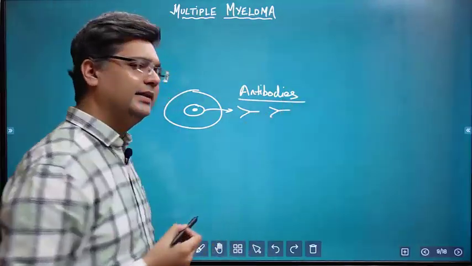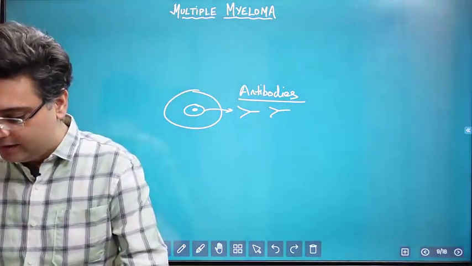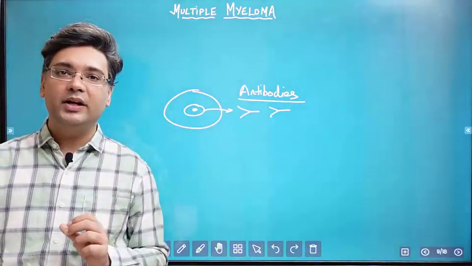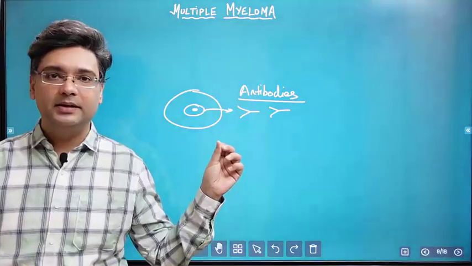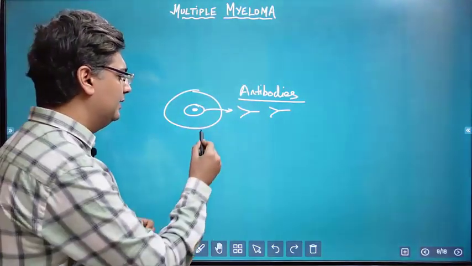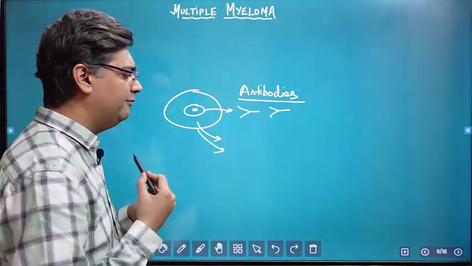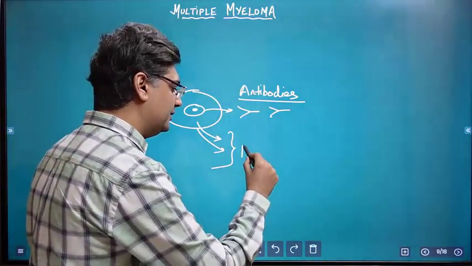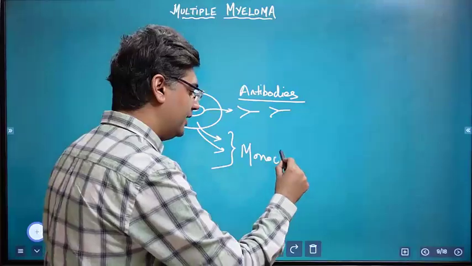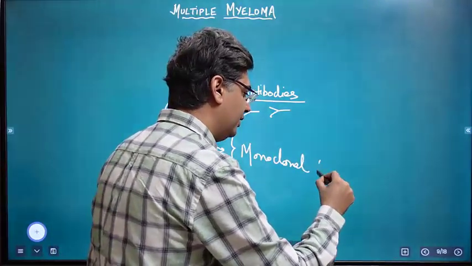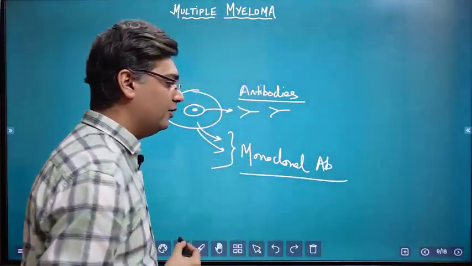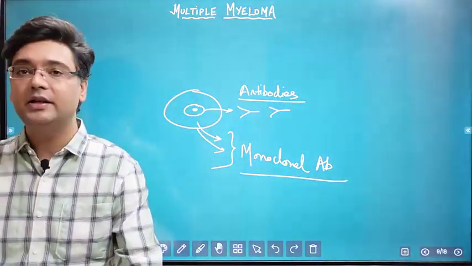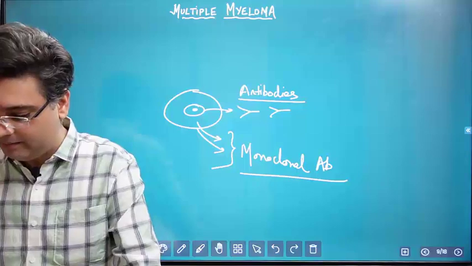Normally plasma cells synthesize antibodies, but here there are mutations happening and the plasma cells synthesize very abnormal, only one line of antibodies. When only one lineage of antibodies is synthesized, they are called monoclonal antibodies, because only one lineage of antibodies is being synthesized in multiple myeloma.